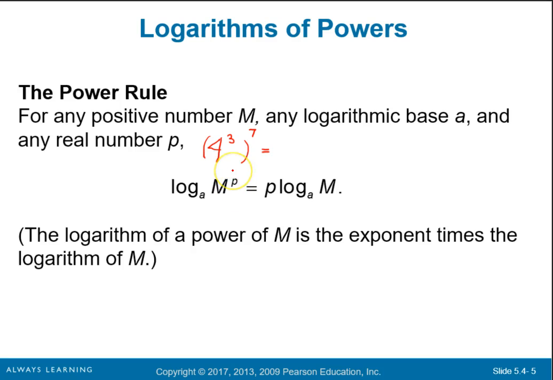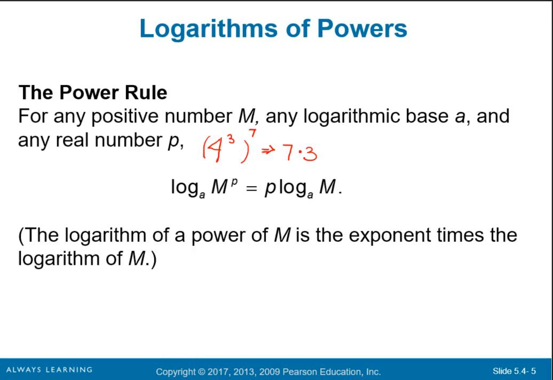Keeping in mind that I'm dealing with exponents, if I multiply that 7 times the 3, that's the same as this exponent coming down in front. So this becomes our new exponent that we're dealing with, even though it doesn't look like it at first. We're going to do some practice with this, and hopefully as we go along, it will make some more sense.